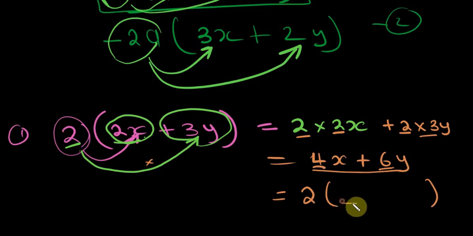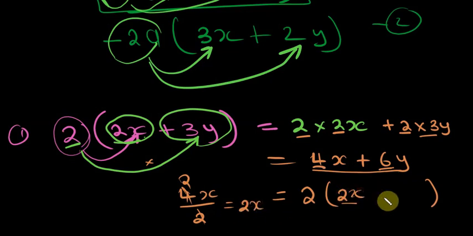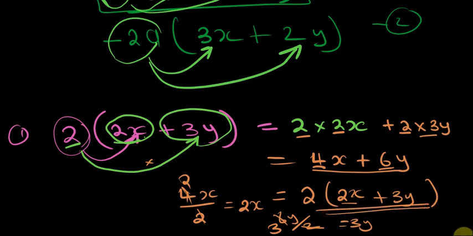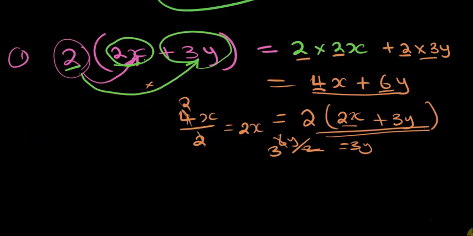To get the first term, we would say 4x divided by 2, 4 divided by 2 gives us 2, so we have 2x there. And we do the same for 6y divided by 2. 2 in 6 goes in 3 times, then we are left with positive 3y. That's how you factorize. Okay, cool.